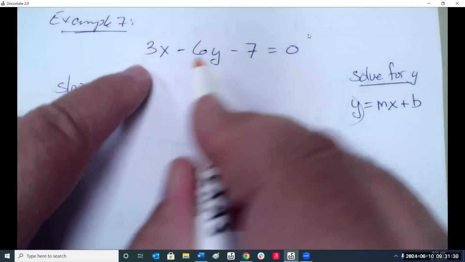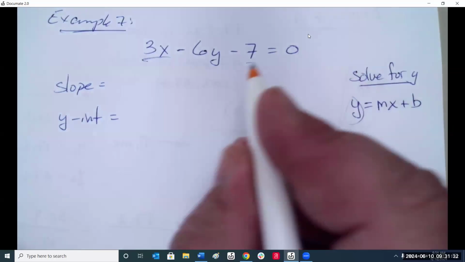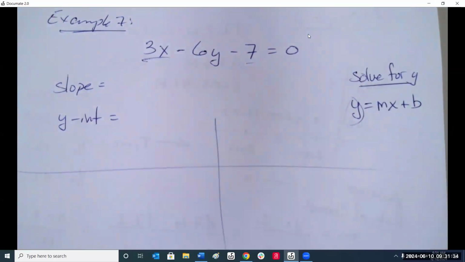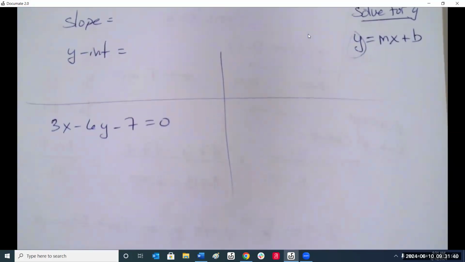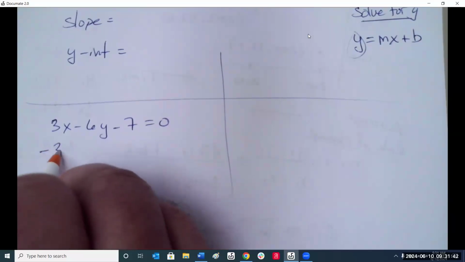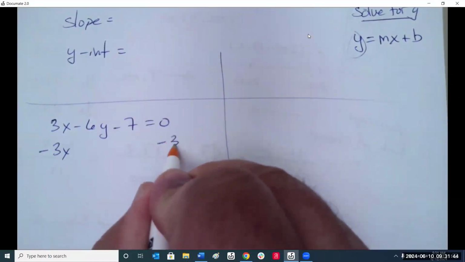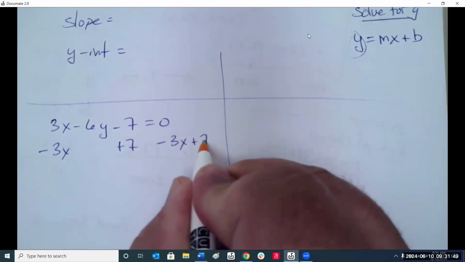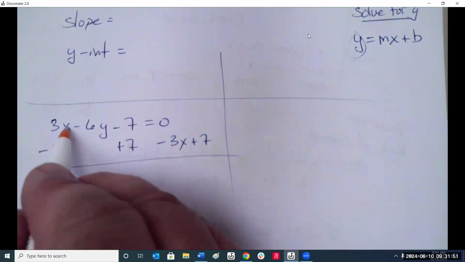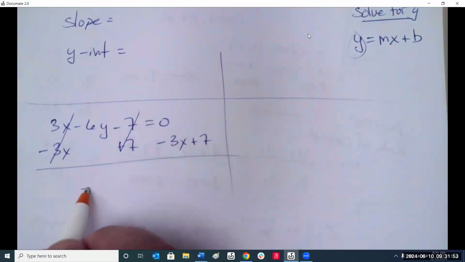You could move this and this out of there. So let's look at both ways. We can subtract 3x from both sides, and we can add 7 to both sides. Those cancel.